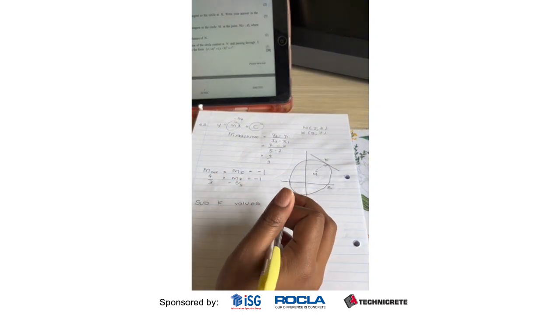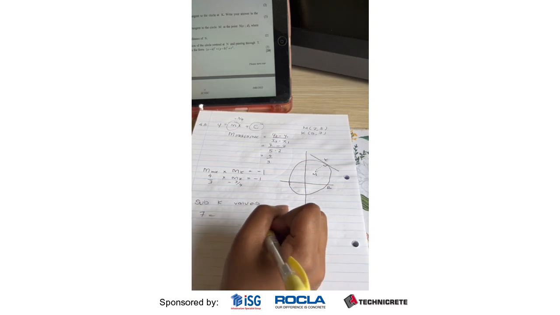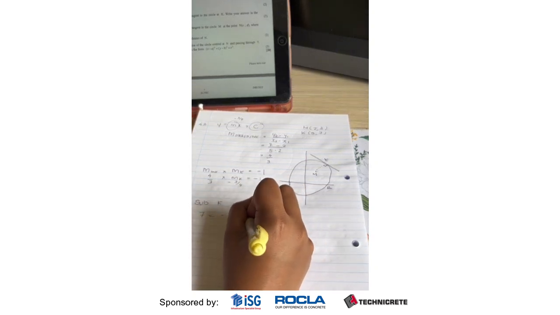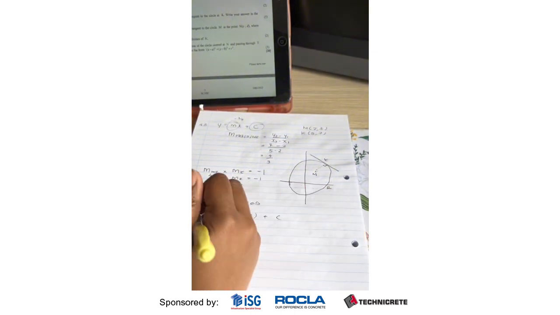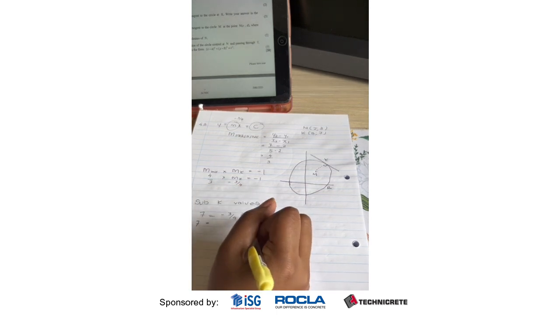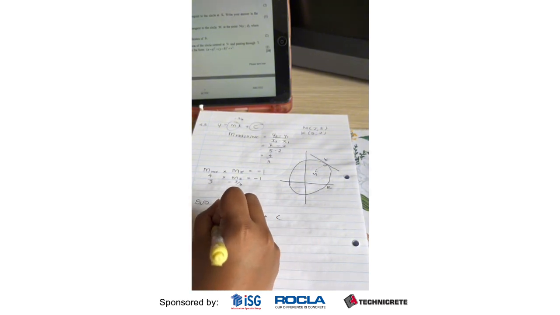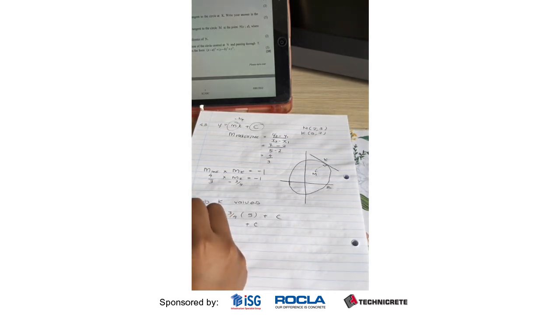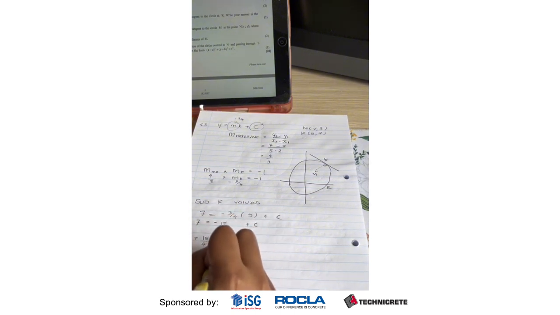My Y is 7, is equal to M, -3 over 4, X is 5, plus C. So 7 is equal to 5 times -3, which is -15 over 4, plus C. I'm going to take it to the other side. 7 plus 15 over 4 is equal to C. C is therefore equal to 43 over 4.